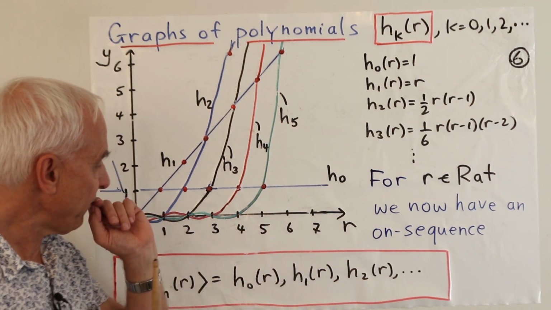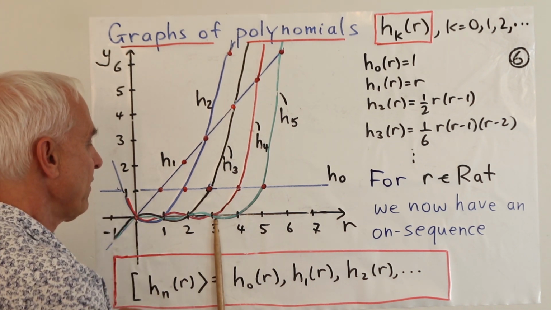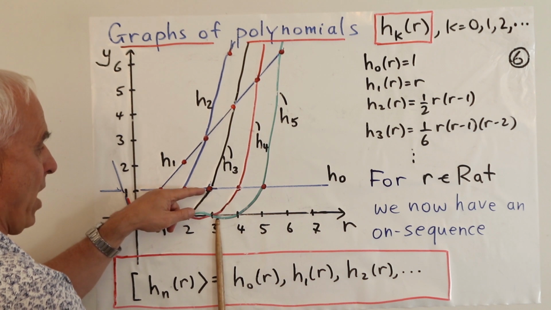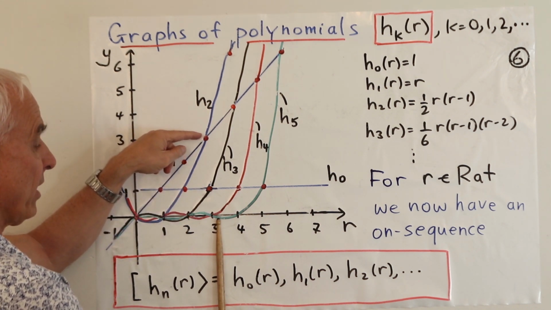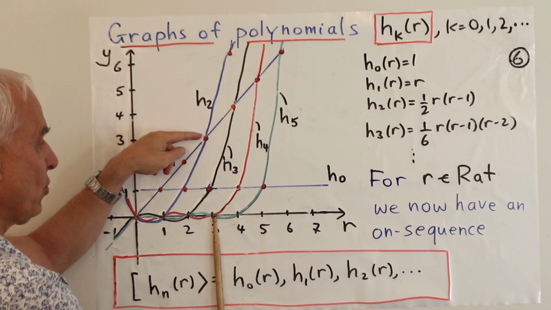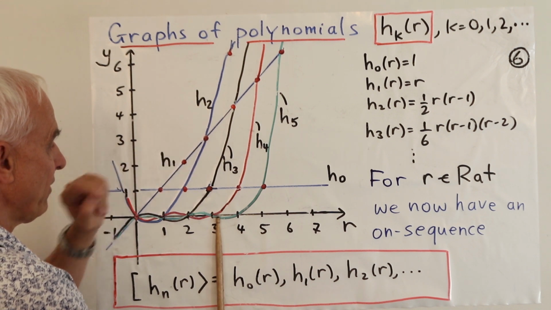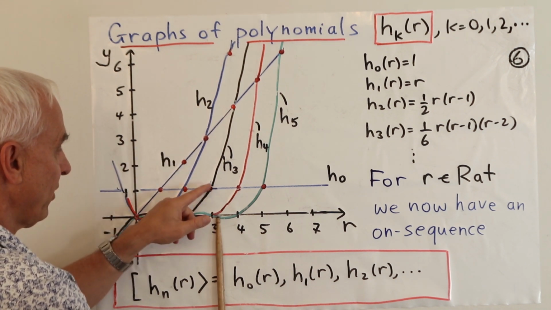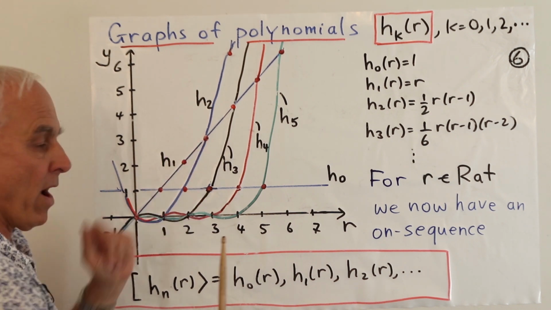So, for example, if we're looking at the values at 3, the value of h0 at 3 is 1. The value of h1 at 3 is 3. The value of h2, that's this quadratic one, is also 3. The value of h4 is 1. So we get values 1, 3, 3, 1.